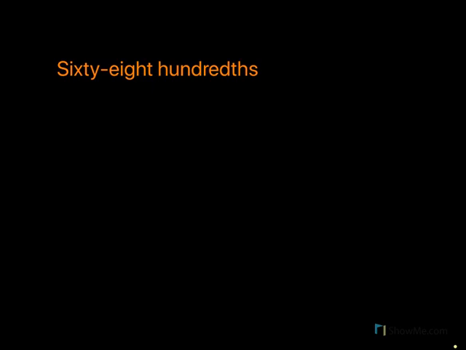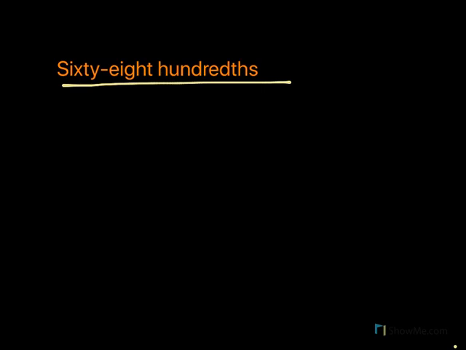So we're going to start by writing this number as a decimal, 68 hundredths. The first thing that I notice right off the bat is this THS. That means it is a decimal. So we have 68 hundredths.